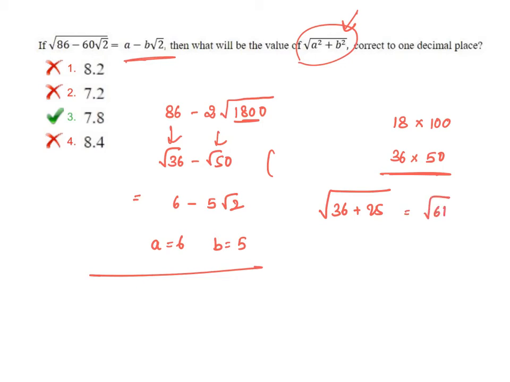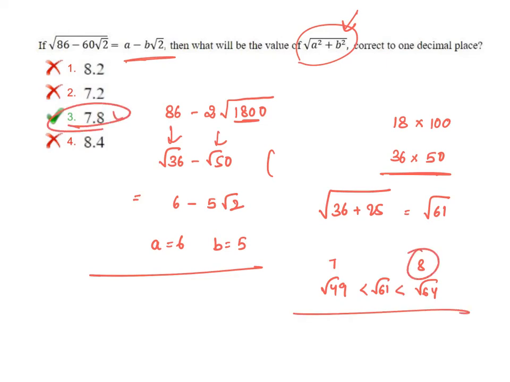Before root 61 the perfect square is root 49, that is 7. Then root 64 is 8. So it is very close to root 64, which means very close to 8, but less than 8. So the answer is 7.8. Don't try to find the exact value. By looking at the options you can say.